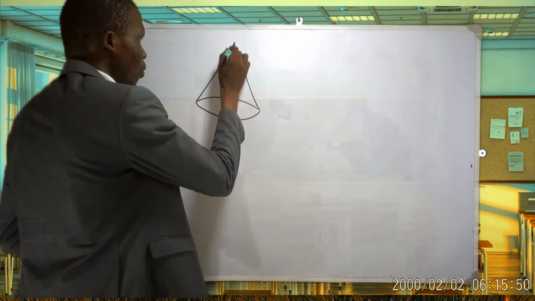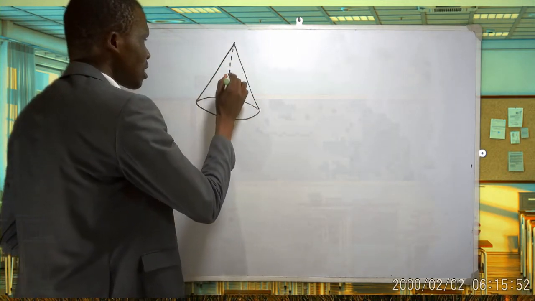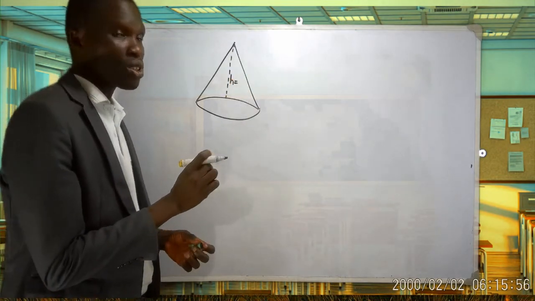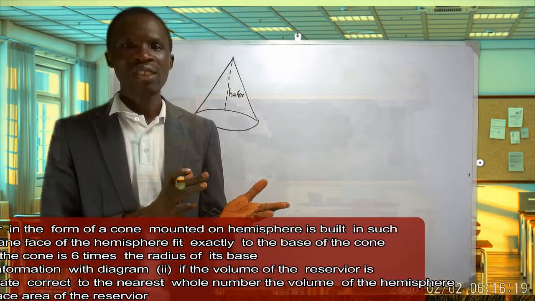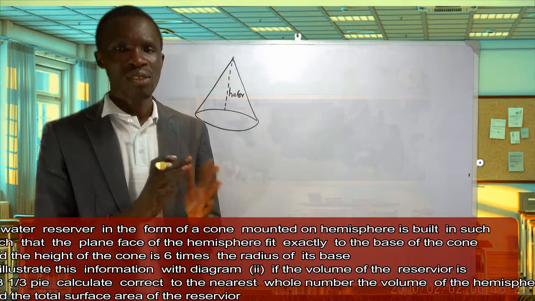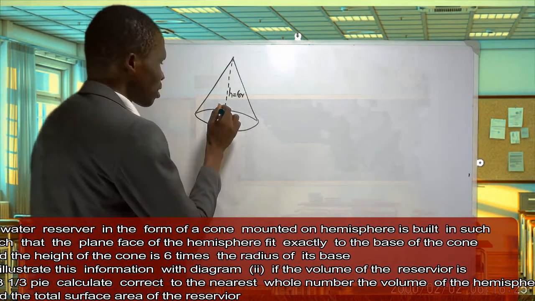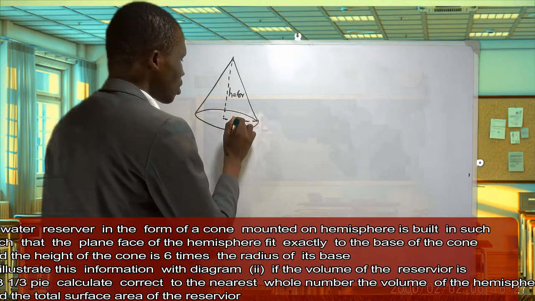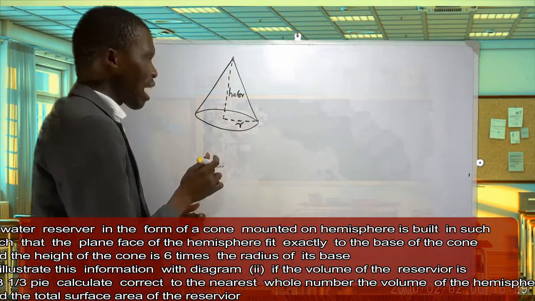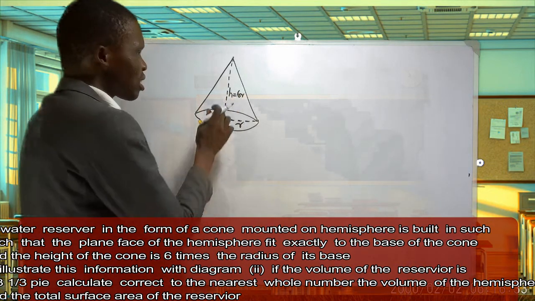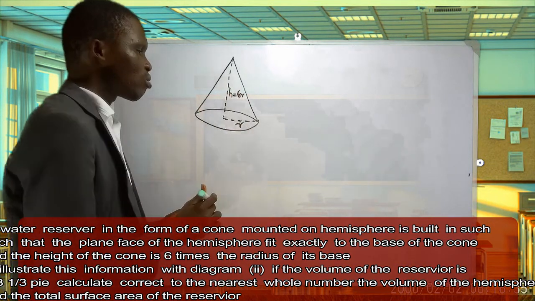This is H, and from the question, the height of the cone is 6 times the radius of its base. This is the radius, and the height H is 6 times this radius.